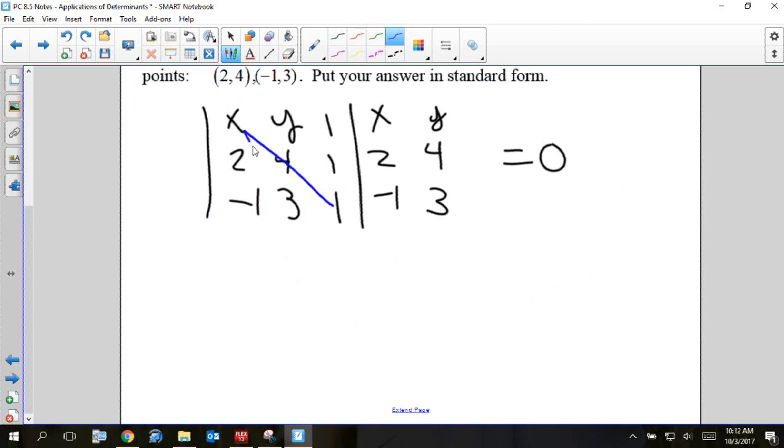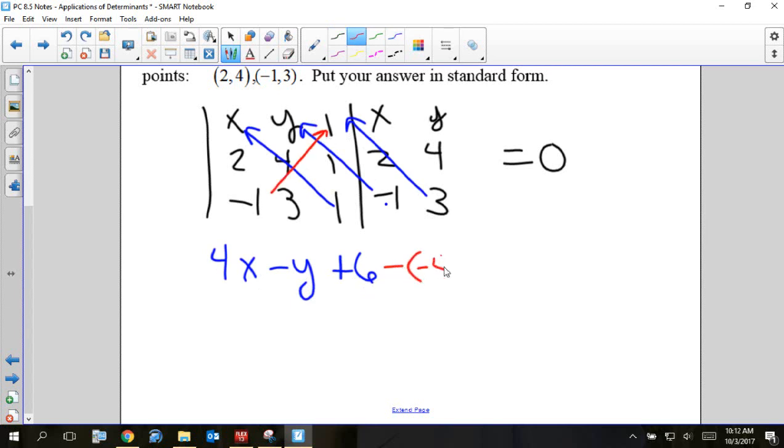I will do the determinant. And then bring down the equal 0.